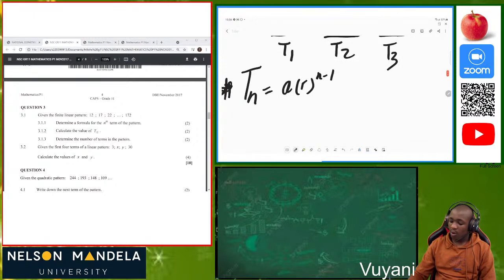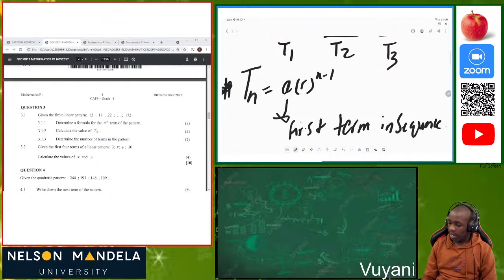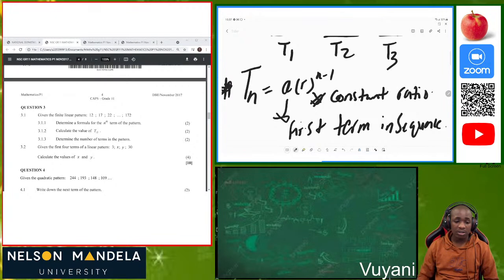In other words, we only need a and r, where a represents the first term in our sequence, and r, we said, is representing the constant ratio.